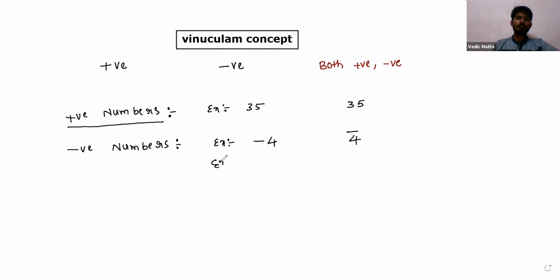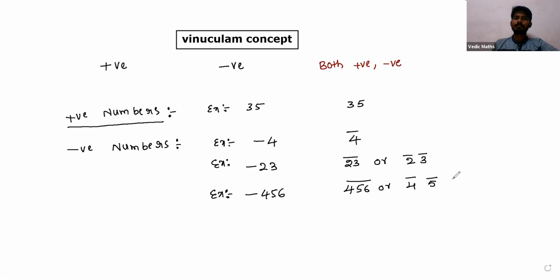Let me take a two-digit number here. -23 I have taken. The -23 in Vedic mathematics we represent as 23 bar, or else 2 bar, 3 bar. If you take a three-digit number, -556, we represent in Vedic mathematics as 556 bar, or 5 bar, 5 bar and 6 bar.